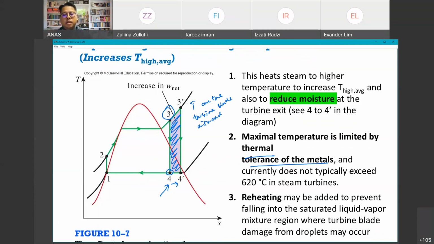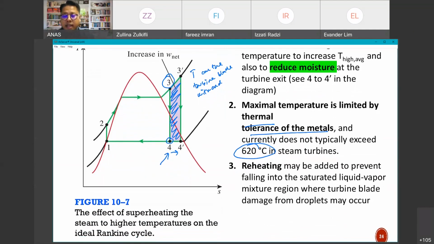Even if we can remove all the droplets, if the turbine cannot withstand the high temperature, it's useless. So it's limited by the tolerance of the metals. Stated here, right now it's about 620. I think it has improved slightly over the years, but in this range, 600, 700, maybe 800 Celsius.